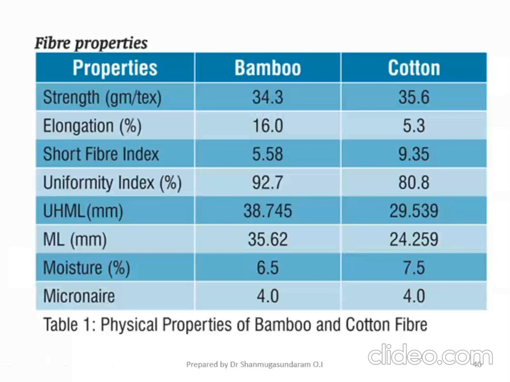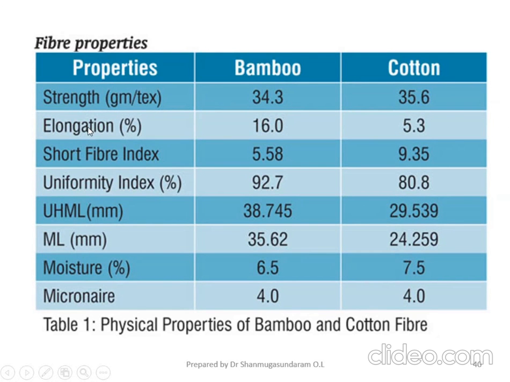For comparison purposes, I have shown a comparison with the bamboo fiber. Nowadays bamboo fiber is also available. This fiber has good properties when compared to our cotton fiber. When you look at the strength, our cotton fiber has extremely good strength when compared to the bamboo fiber.